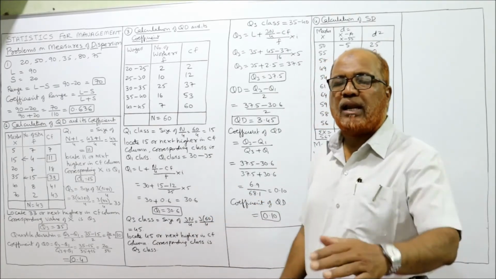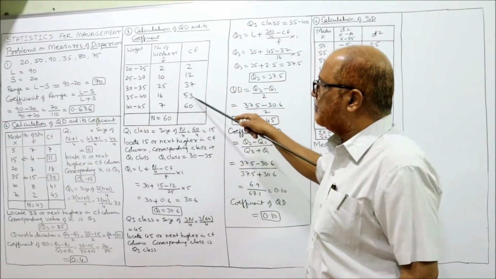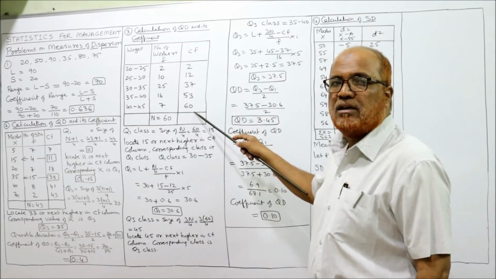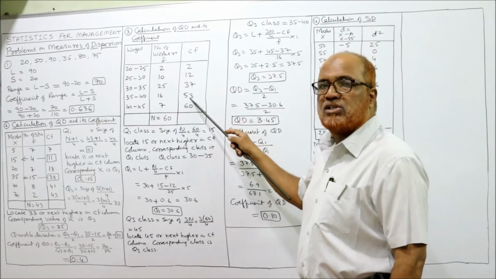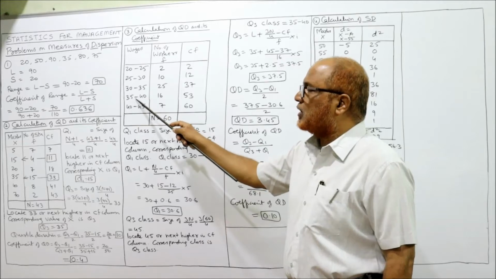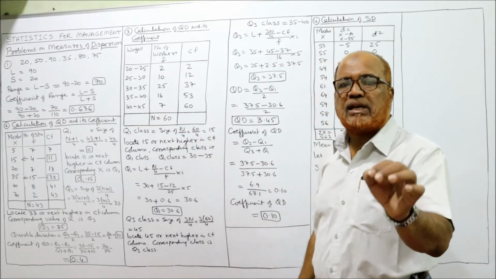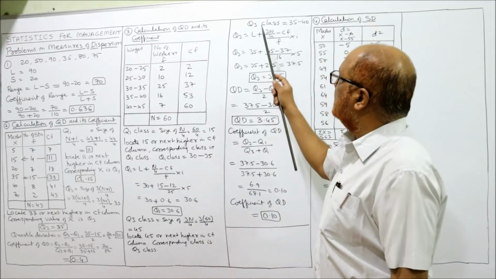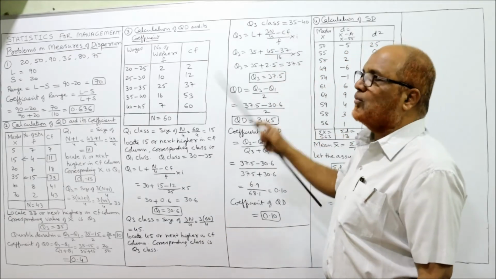Locate 45 or next higher in the CF column. The corresponding class is the Q3 class. What is higher than 45? It is 53. What is the class for 53? 35 to 40. So our Q3 class is 35 to 40.